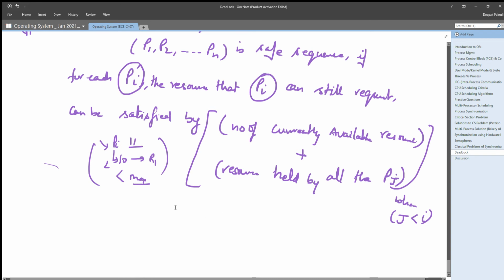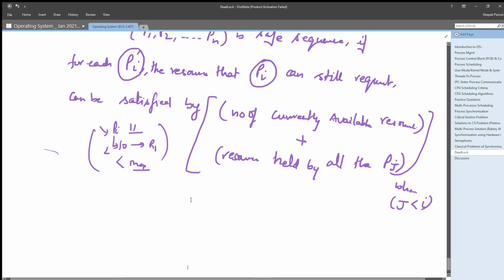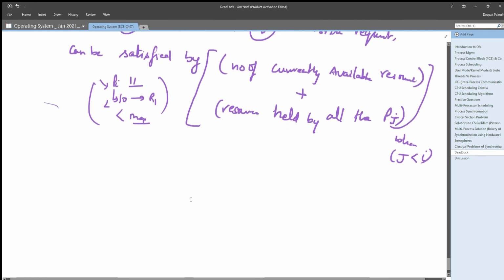So if we have a safe sequence, that means the system is in a safe state, and it directly means no deadlock, right? No deadlock.